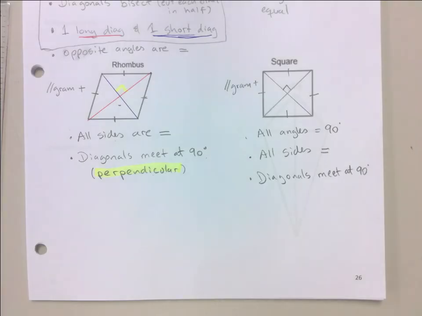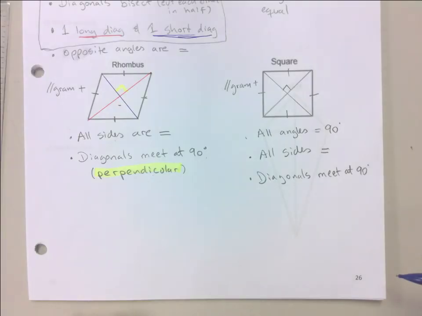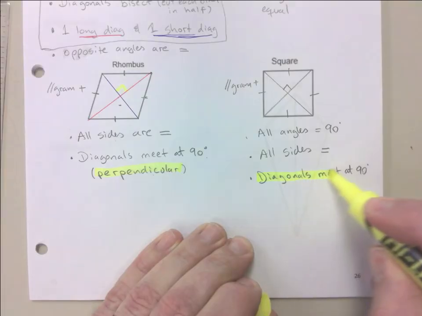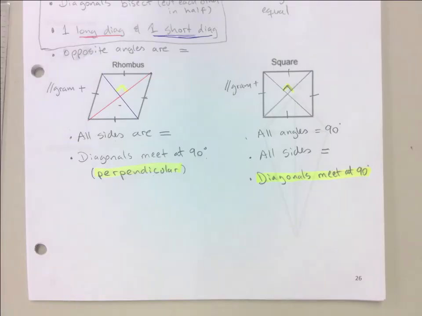It's a mix of these two. Right, boom, gives you the square. I'll just highlight meet at a 90 because I want you to know that out of these four shapes, only the rhombus and the square have that 90 in the middle when they cross each other.